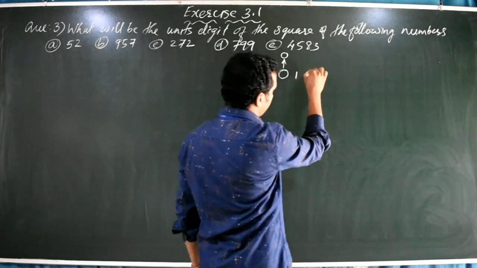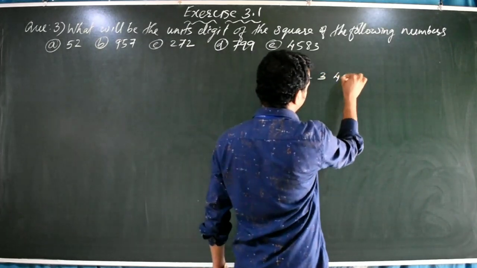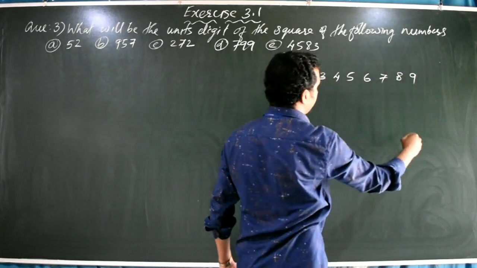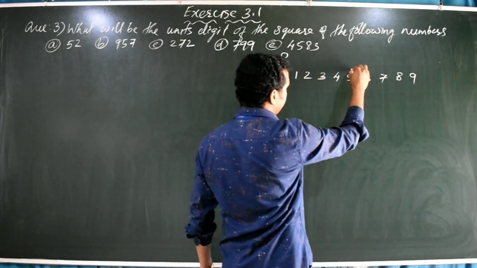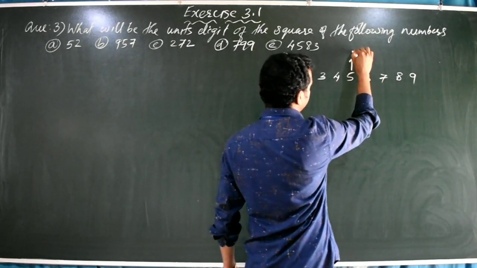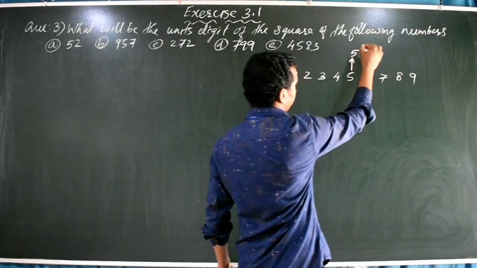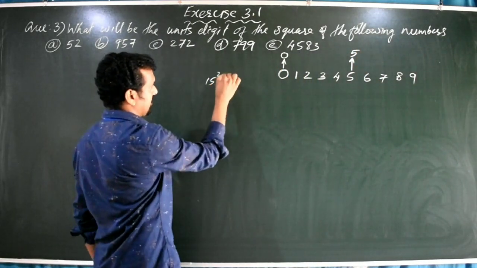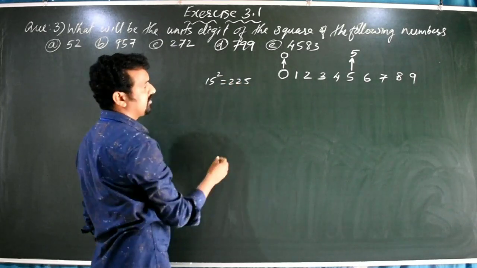Then 1, 2, 3, 4, 5, 6, 7, 8, 9. If a number ends with the digit 5, then its square also ends with the digit 5. Suppose an example, 15 square is equal to, what is the answer? 225.